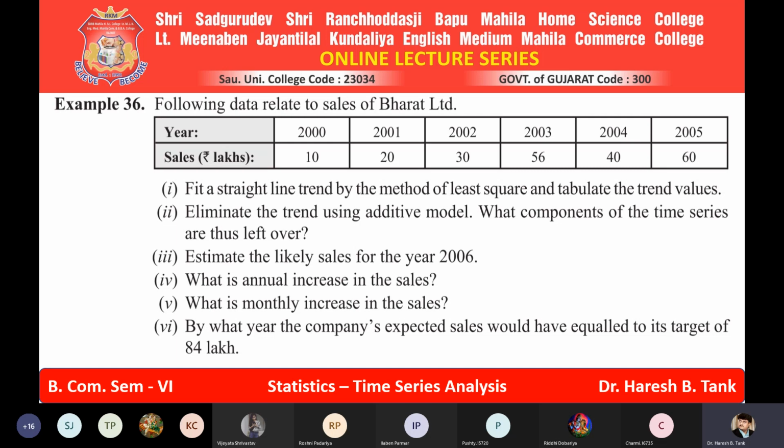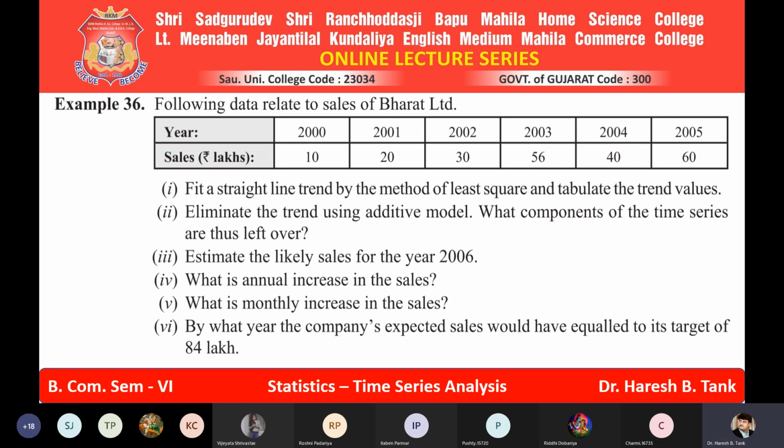Fine enough. The second question is to eliminate the trend using the additive model. What component of the time series is thus left over? Eliminating the trend using an additive model is nothing but y minus yc, the short-term fluctuation. So here they ask you for one more column, and that column is short-term fluctuation, y minus yc.